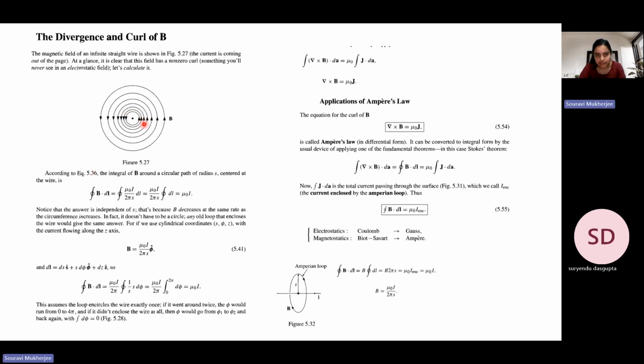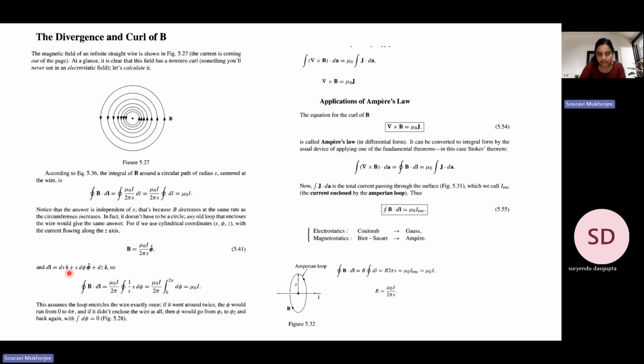For this, it might not again be a circular line element. You can choose any path. Why? Because now you can look at the general vectorial form and ask what is the field due to a current carrying wire. It is given by this relation.